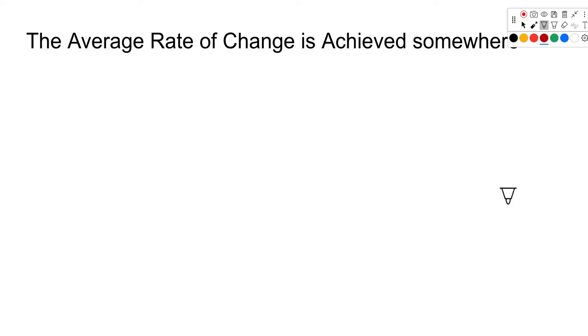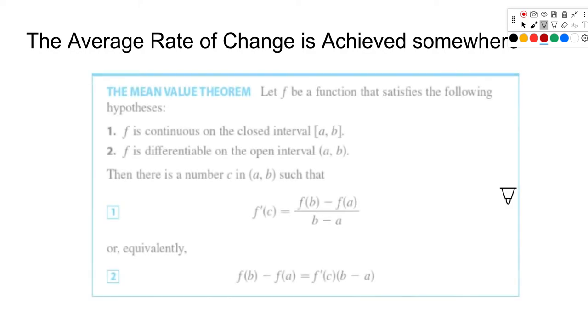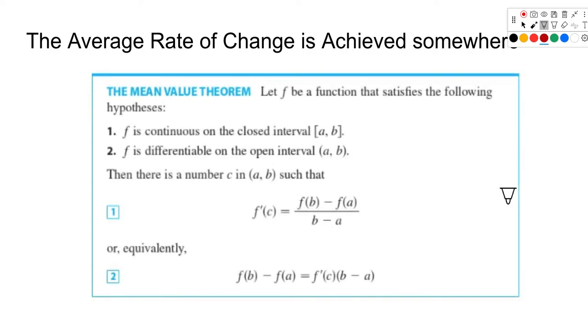The mean value theorem is saying that we aren't limited to having the output of A equal to the output of B. It doesn't have to be a horizontal line. It's simply saying the first two steps have to hold, it has to be continuous, and you have to be able to take the derivative on that interval, and basically the derivative at some point will be equal to the average rate of change.